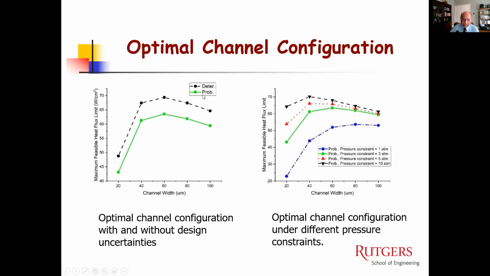Here, you're changing the probability, and you can see that it immediately comes down, so the deterministic and probability results will change. Basically, the idea is that if you have uncertainty, the results that you obtain from deterministic analysis do not apply anymore. The heat flux that you can remove is lower, the pressure that you will have to exert would be higher, and you have to find out that value if you want to get a realistic but reliable design. That's the whole idea behind this, that you need a reliable design.